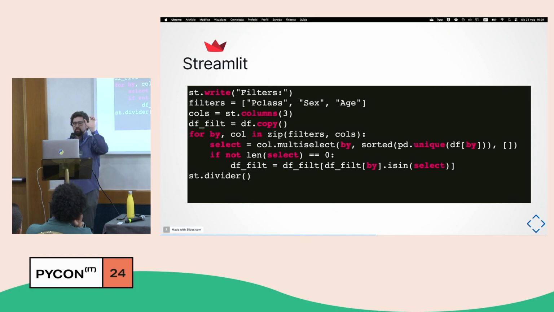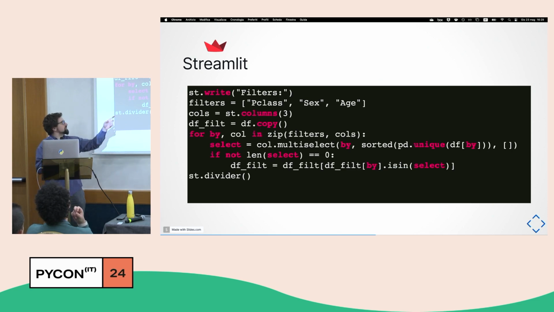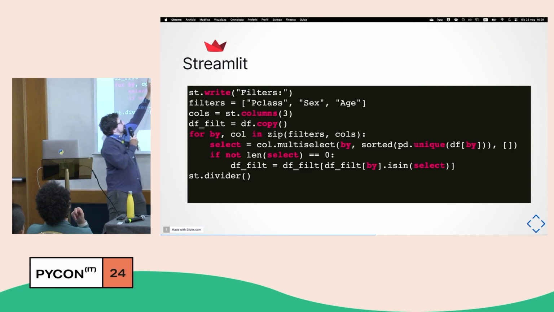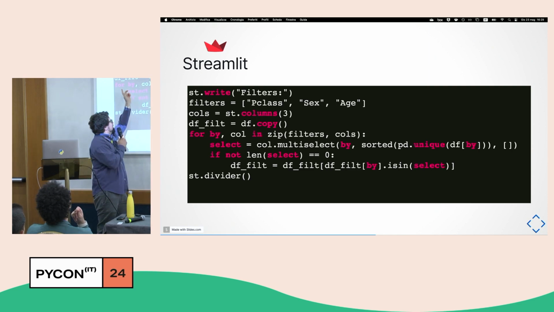So the cols with the index from now on will be the thing to call instead of st. So instead of st.multiselect, it will be col.multiselect. By is the p-class, sex, and age I'm iteratively working on, and the options will be the unique values.